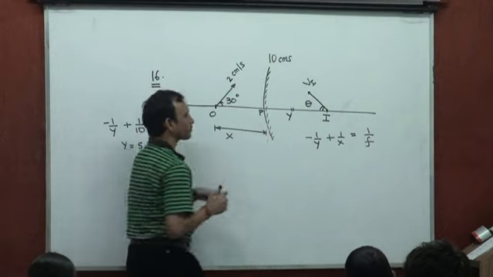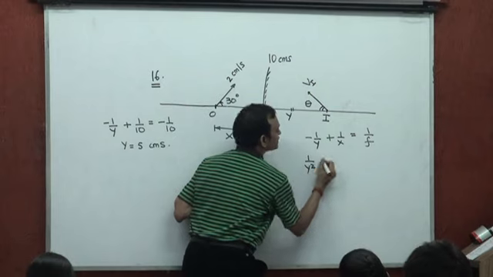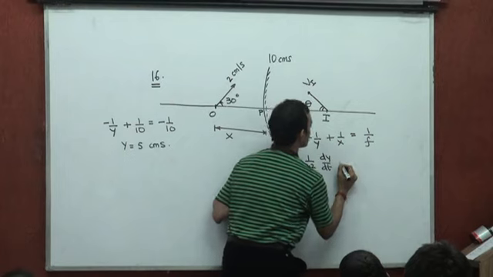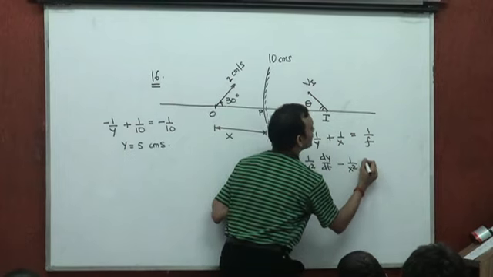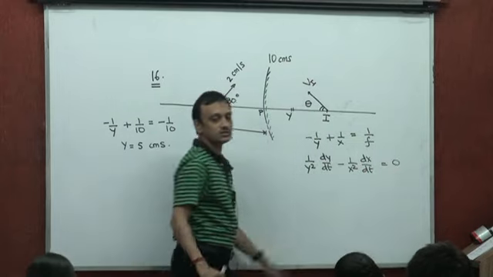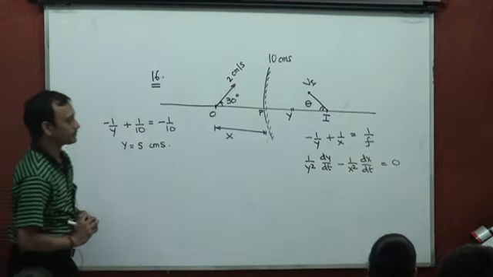So I get 1 by y squared dy dt minus 1 by x squared dx dt is 0, because focal length is a constant. Even if x and y vary, f is not going to vary.